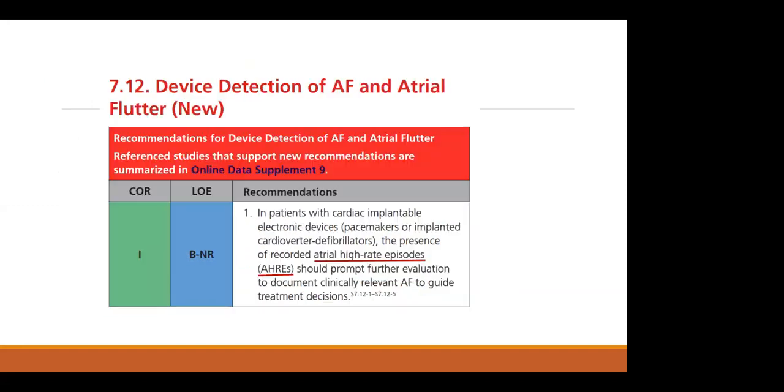If your patient has a pacemaker or ICD, and during interrogation of the device you find atrial high rate episodes, this is very important. Firstly, evaluate your patient to see if it is atrial fibrillation or not, which makes the patient eligible for taking oral anticoagulation and preventing the risk of stroke.